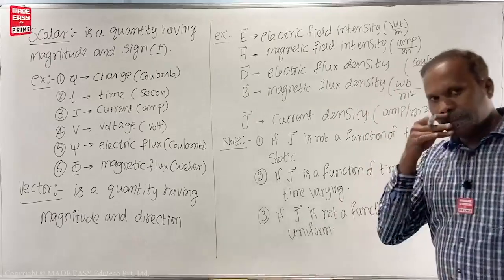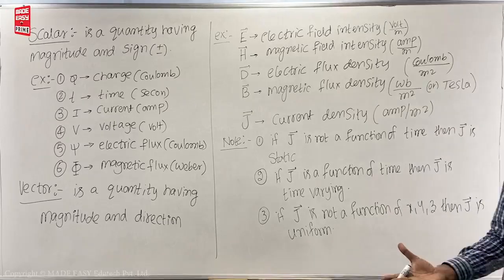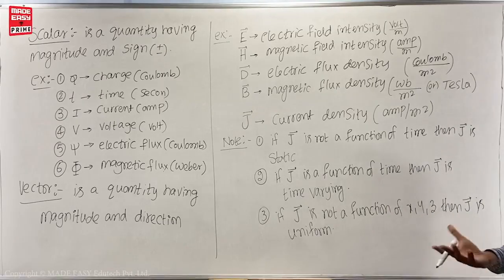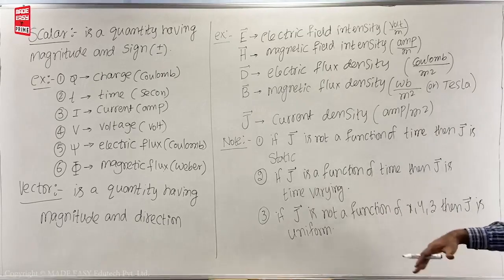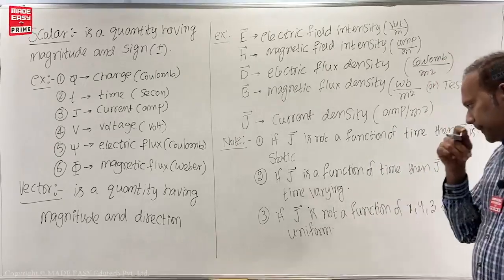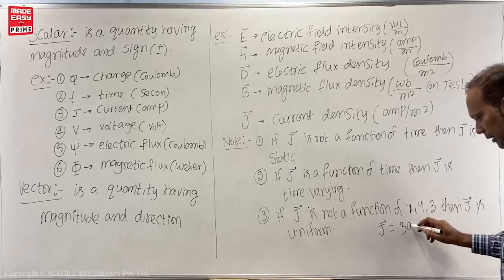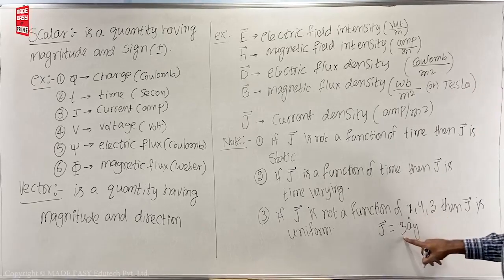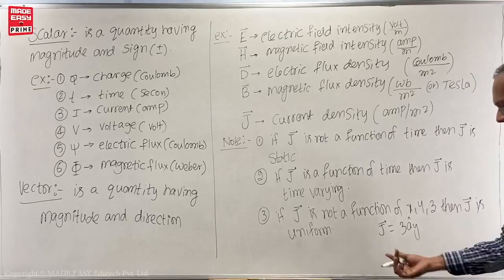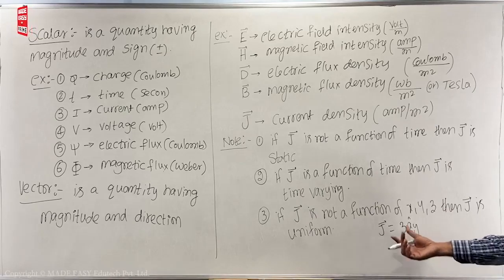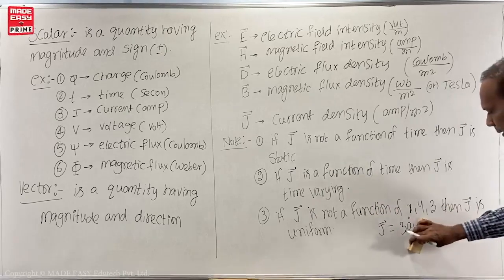Uniform means same. Same means constant. So x, y, z are not there means, I will explain, even if you change location, for example here 3a_y, it is not a function of x, y, z. So at a new location J bar value is 3, that is constant, so that is uniform, like that.